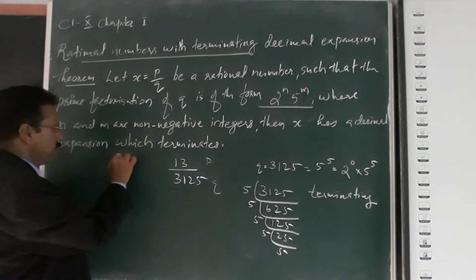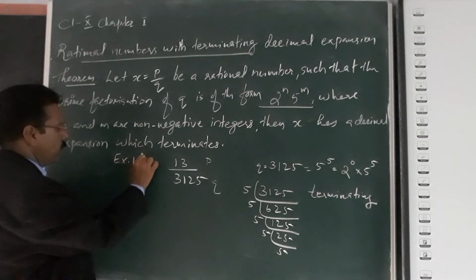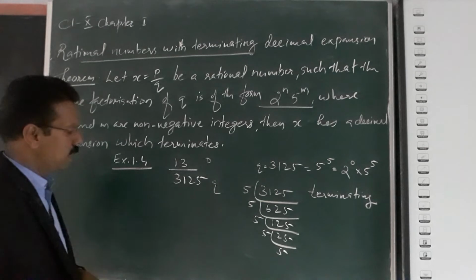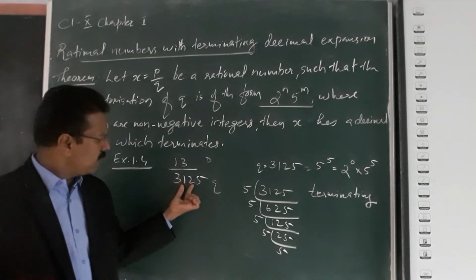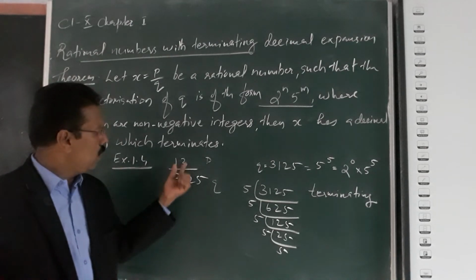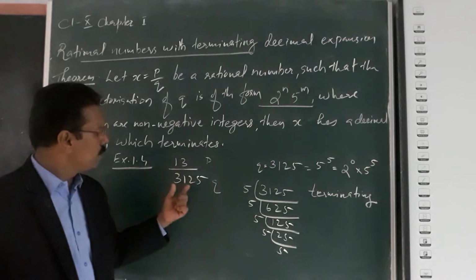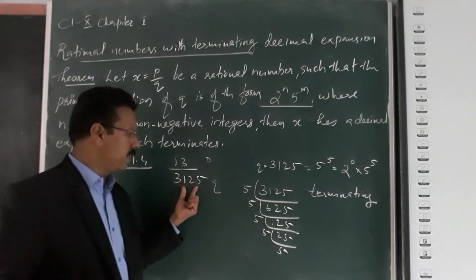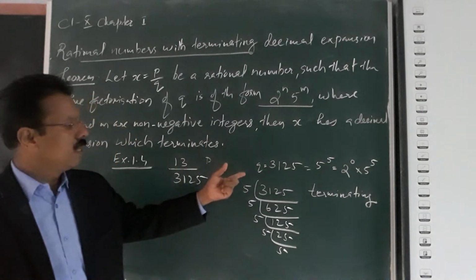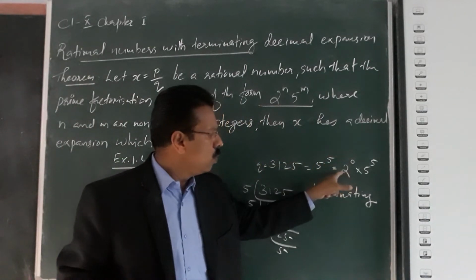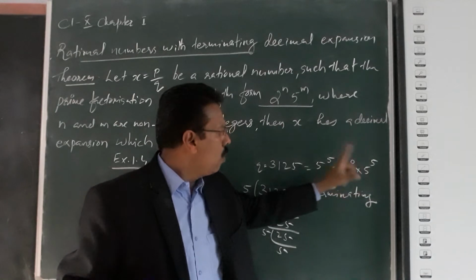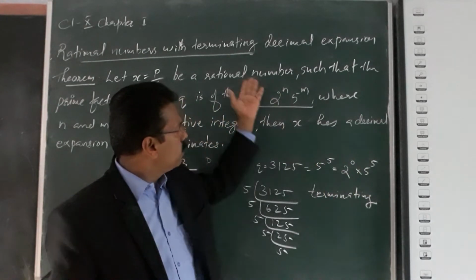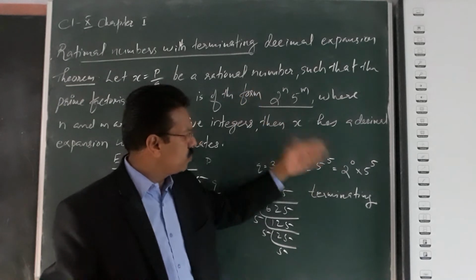This is a question from exercise 1.4, question number 1. By making prime factors of the denominator, factorize the denominator and check whether it has factors of 2 only or 5 only or both 2 and 5, according to this theorem.